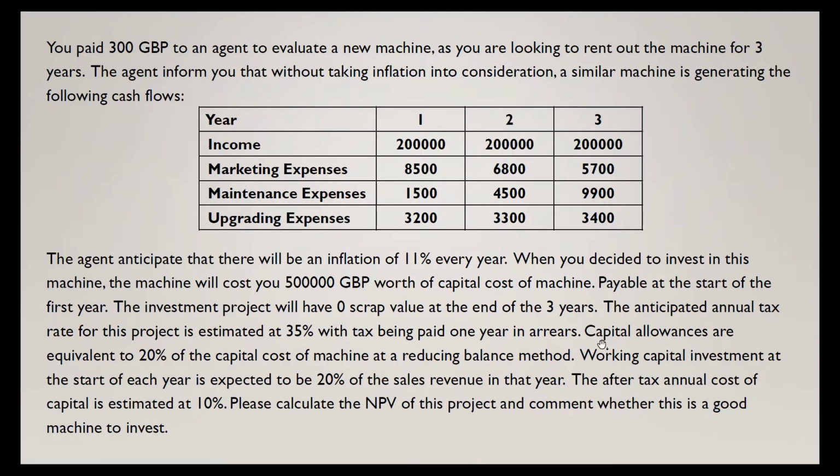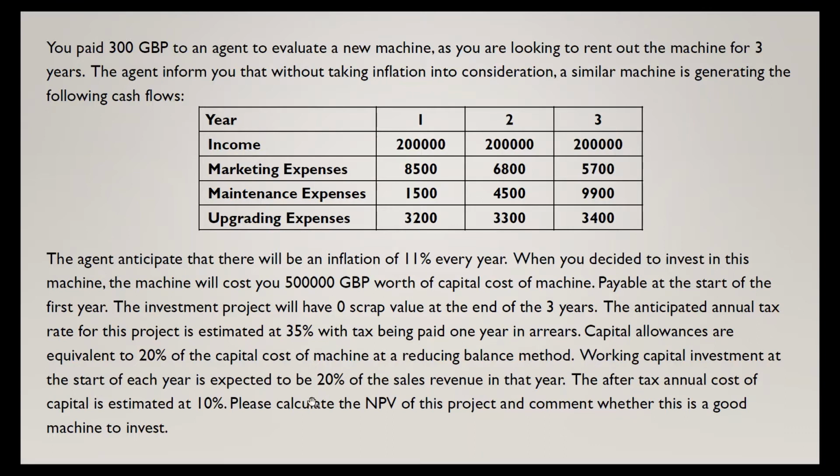The government also allows some capital allowance, which is equivalent to 20% of the cost of the machine at the reducing balance method. To make sure that the whole business operates smoothly, we will require 20% working capital.